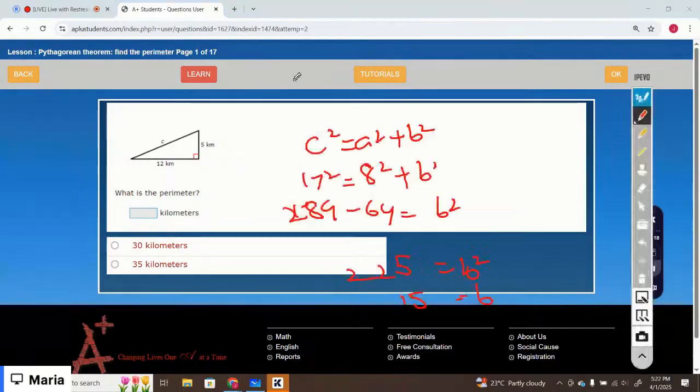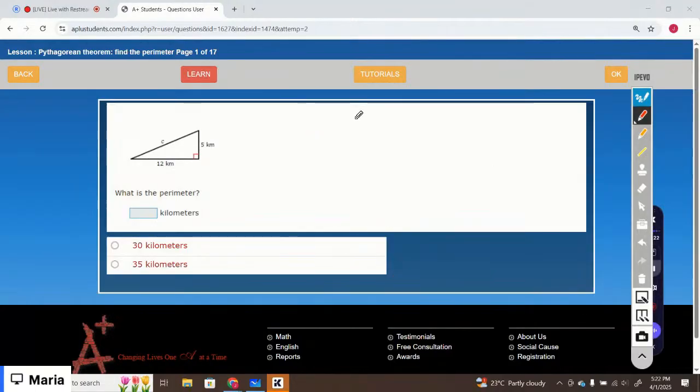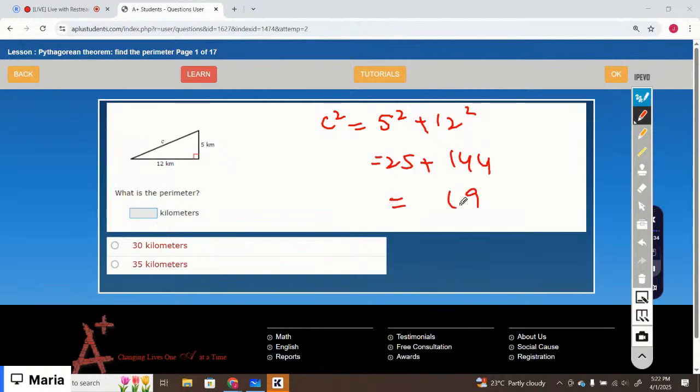So let's find the third length, then add them to calculate the perimeter. c square equals 5 square plus 12 square. 5 square is 25, plus 144. That is 169. So c equals 13.